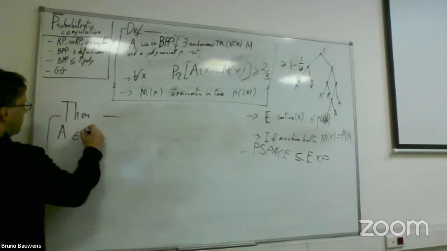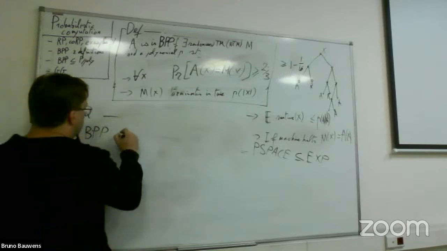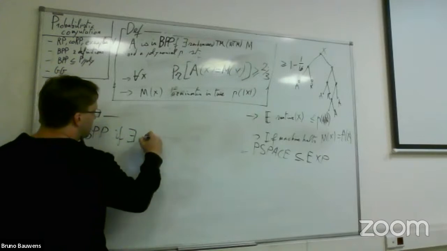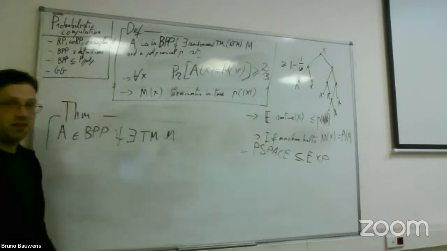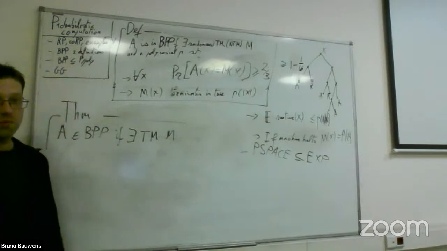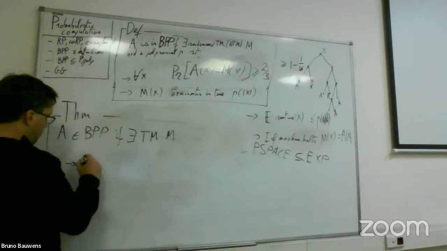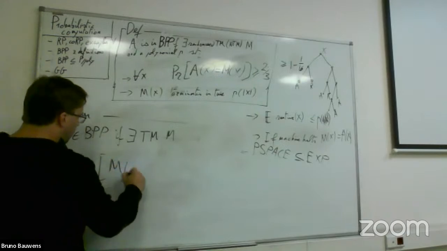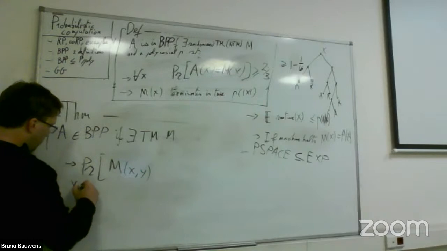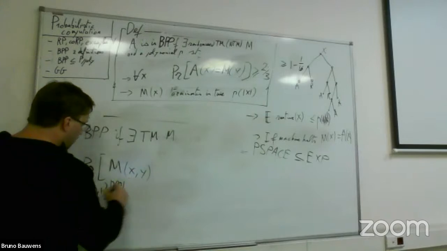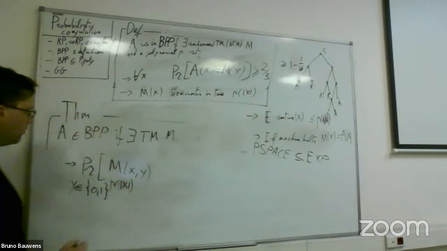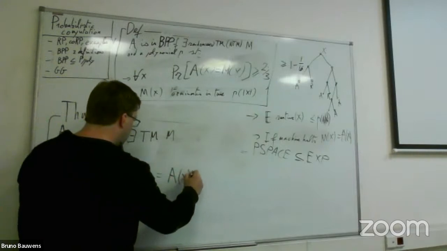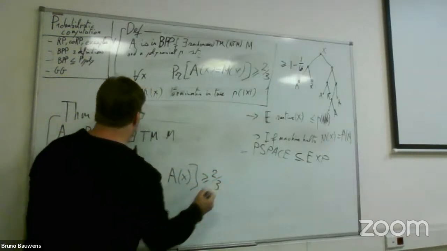A is in BPP if there exists a deterministic Turing machine M that runs in polynomial time in the first input and for a random second input Y, taken randomly inside bit strings of length p of length of X, has probability at least two thirds of giving the correct answer.